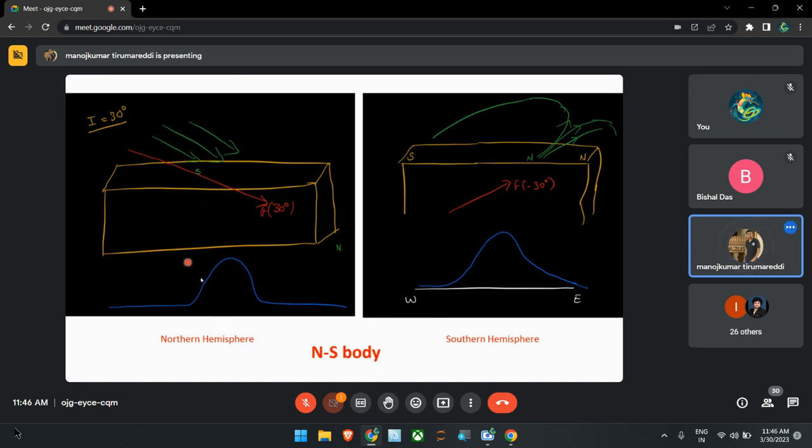So we will get a positive peak. But in the southern hemisphere, the field is coming out from the surface. So we will get the North Pole here and South Pole at depth. So the secondary field is also like this. It will come from this and go like this and go somewhere to the southern pole. So in both cases, we will get a positive peak. So for a north-south body, we will get only a positive peak in the southern hemisphere and northern hemisphere.